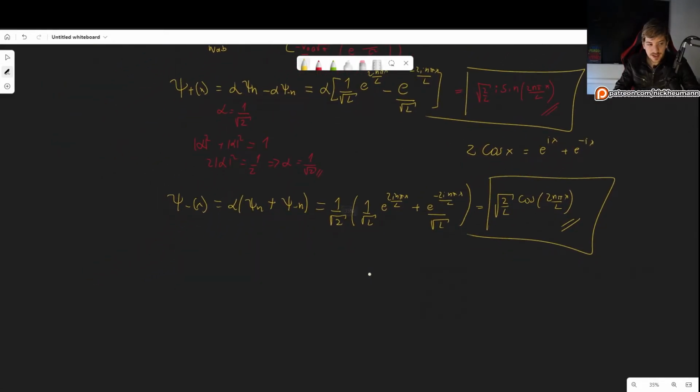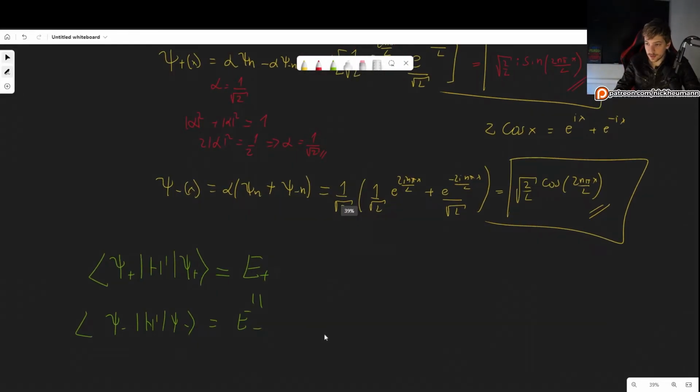So now we wish to find the energy levels using first order perturbation theory, right? That is the last part in this problem. So what that means is that psi plus, h prime, psi plus, right? This will give us one of our energies, and when we do it with the negative one, we will get the other energy, and those will of course be the same because we are in a degenerate situation.